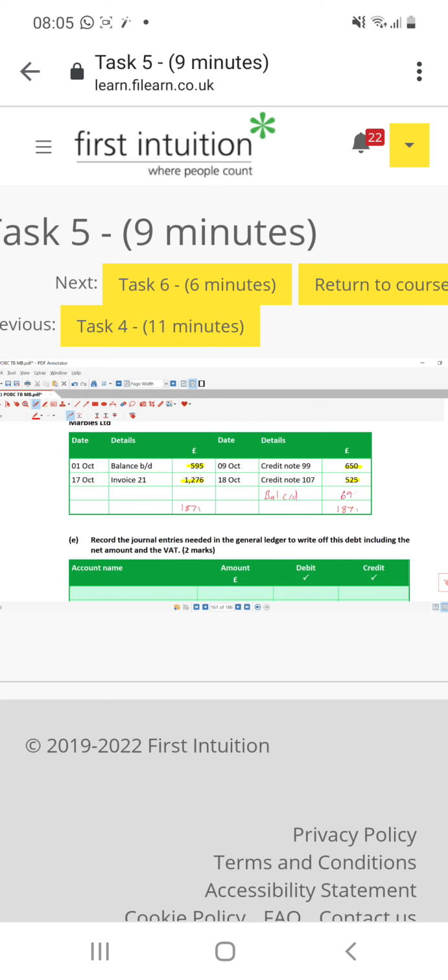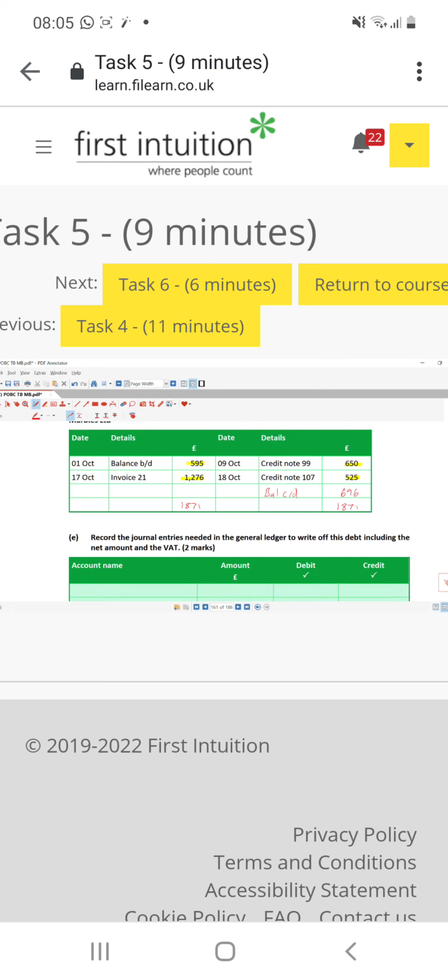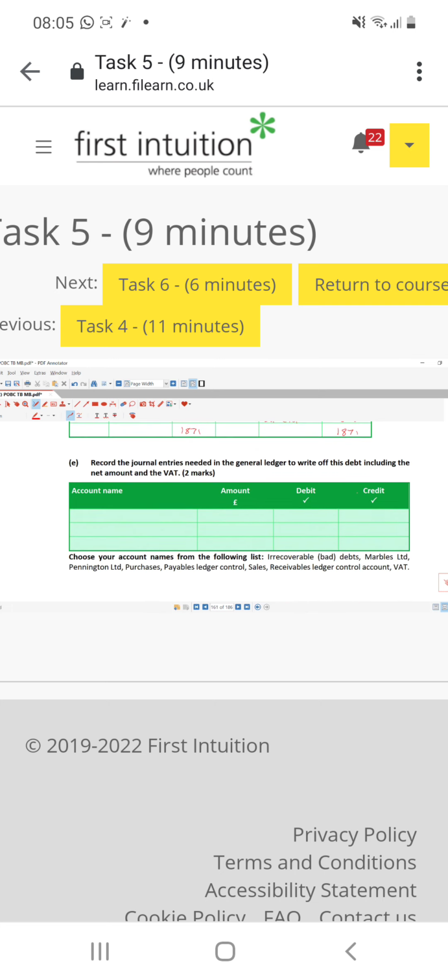So I know this is the amount that I have to write off. For my receivables ledger control account, it will be that 696, that total gross amount, that I will be crediting, removing from my receivables ledger.